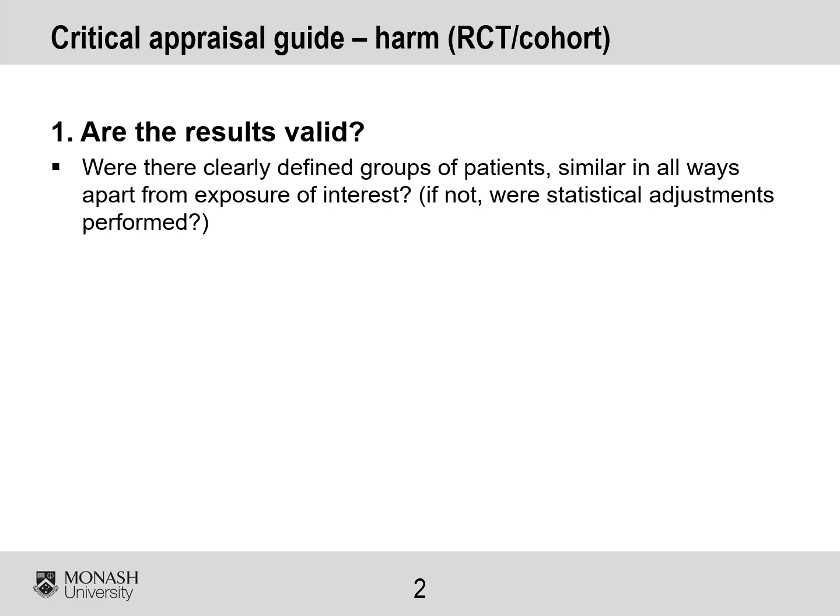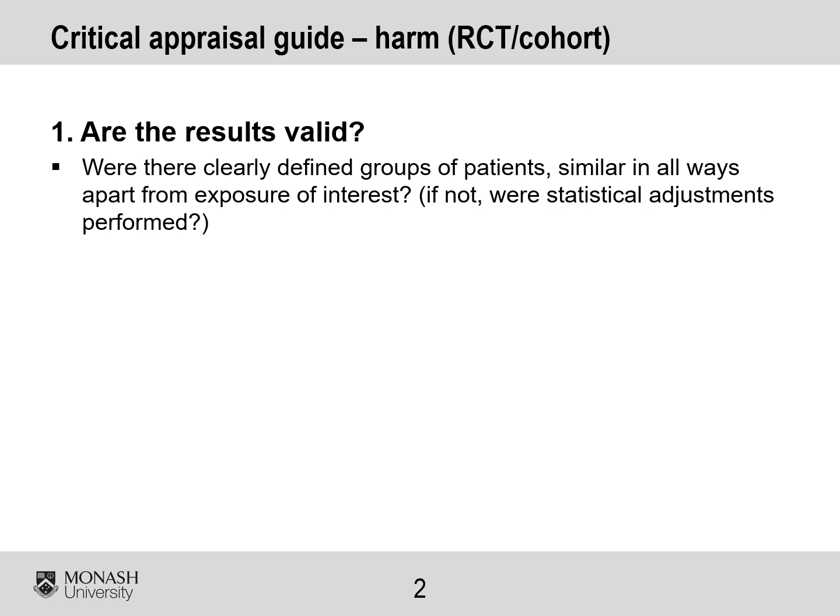In a cohort study, because people are being exposed rather than randomised to a particular factor or exposure or intervention, there's a possibility for the groups to be misaligned, I guess, in terms of numbers and other confounding factors.